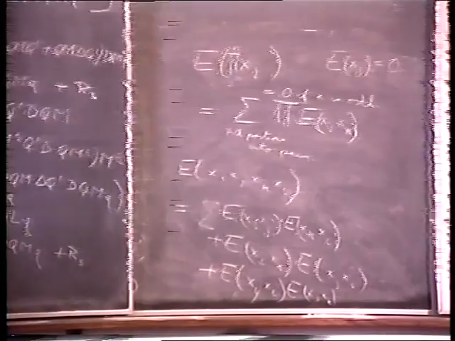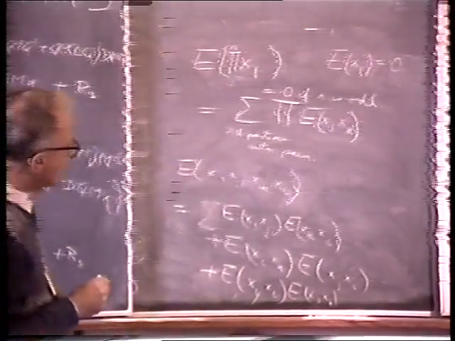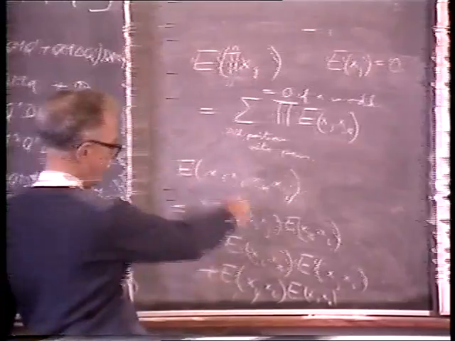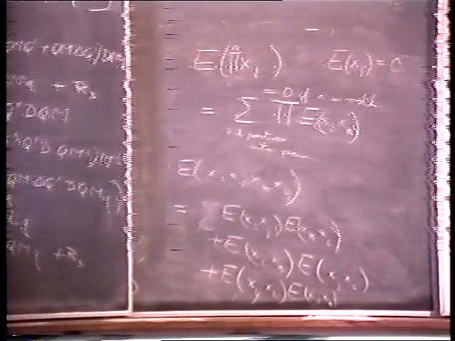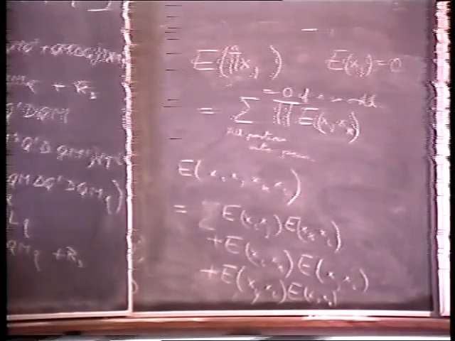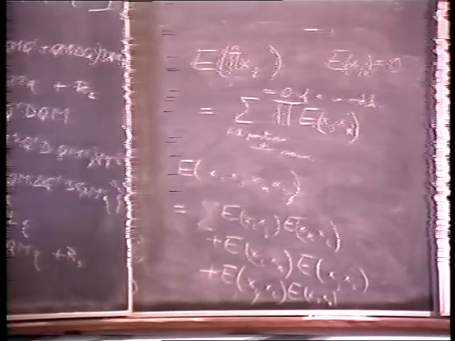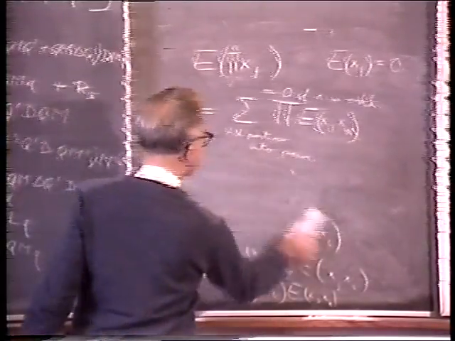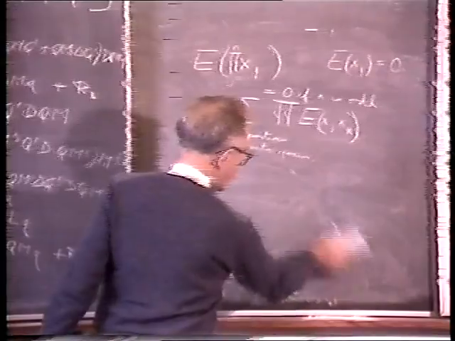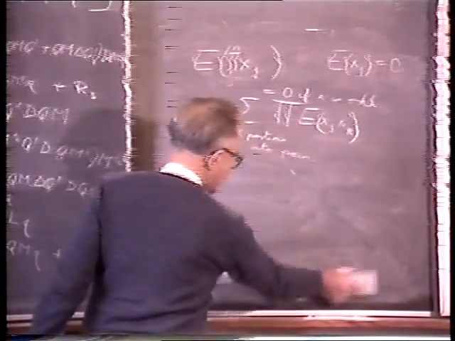So you will have to take summations of formulas of this type. But that will only involve taking summations of products of covariances in this kind of way. Well, so that's the kind of typical formula that may be used.